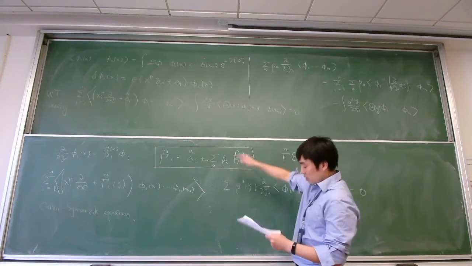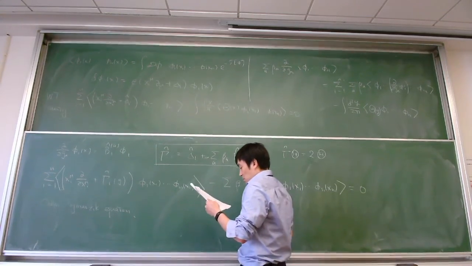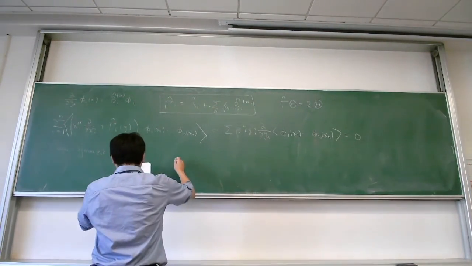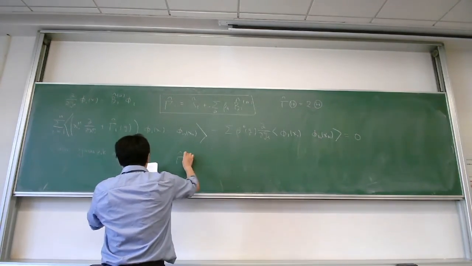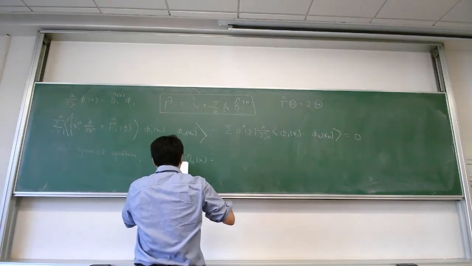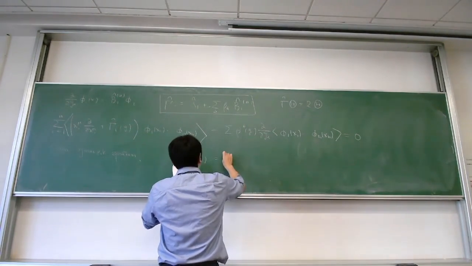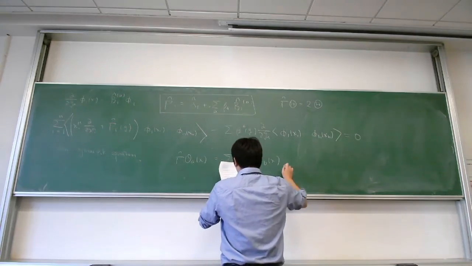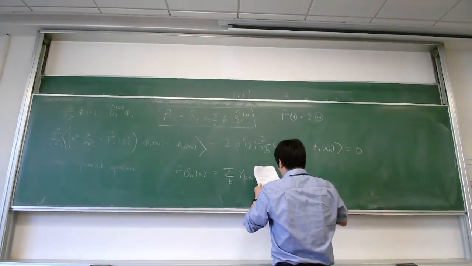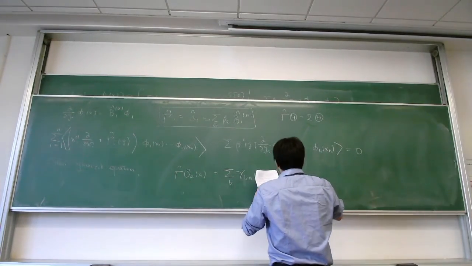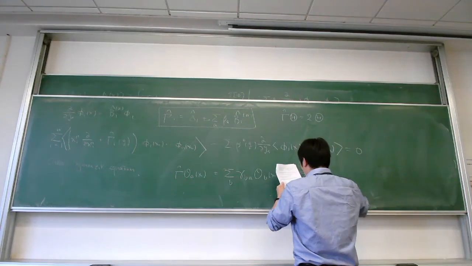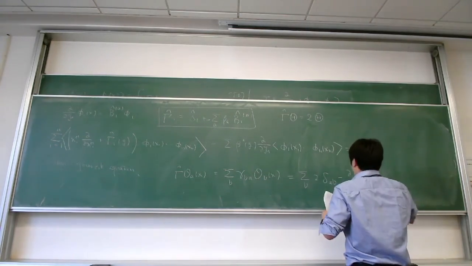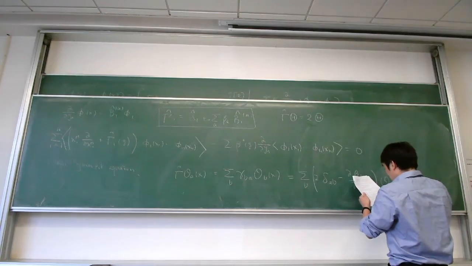You can ignore this part, plug that in here, and from here one can derive that gamma hat of operator A of x is equal to gamma B A operator B of x, where this is equal to delta A B minus partial beta B over partial G A acting on operator B of x.